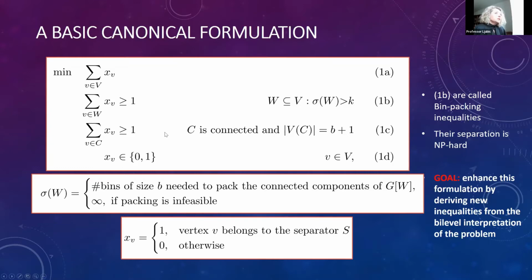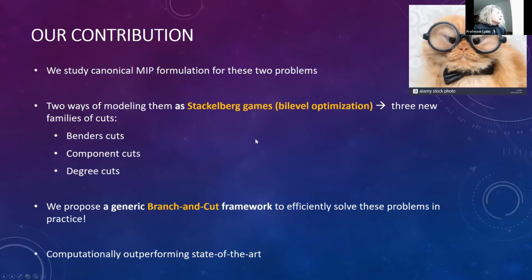So this is the contribution of our work. We start with this canonical MIP formulation and then provide two separate ways of looking into this problem as a Stackelberg game. And we use the tools of bilevel optimization, and I will give you just a short introduction into what it is, in order to derive three new families of cuts. And we call them Benders cuts.